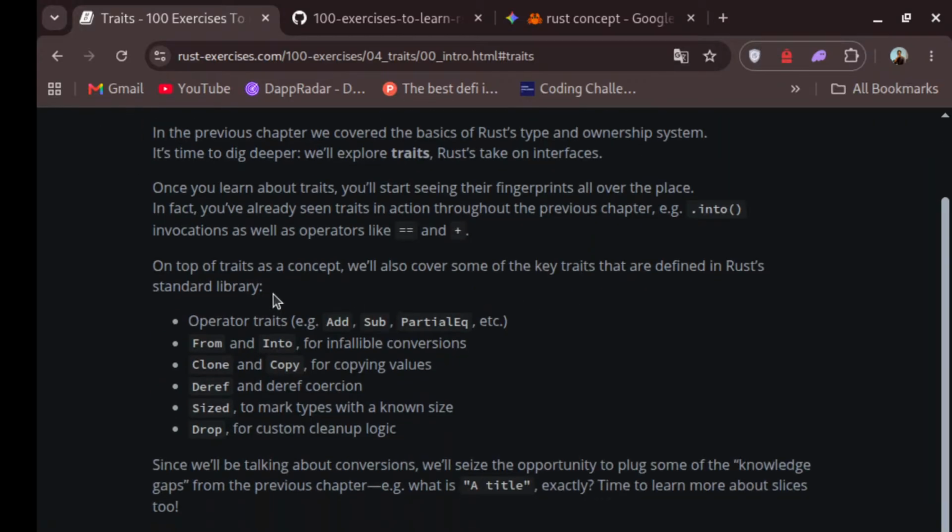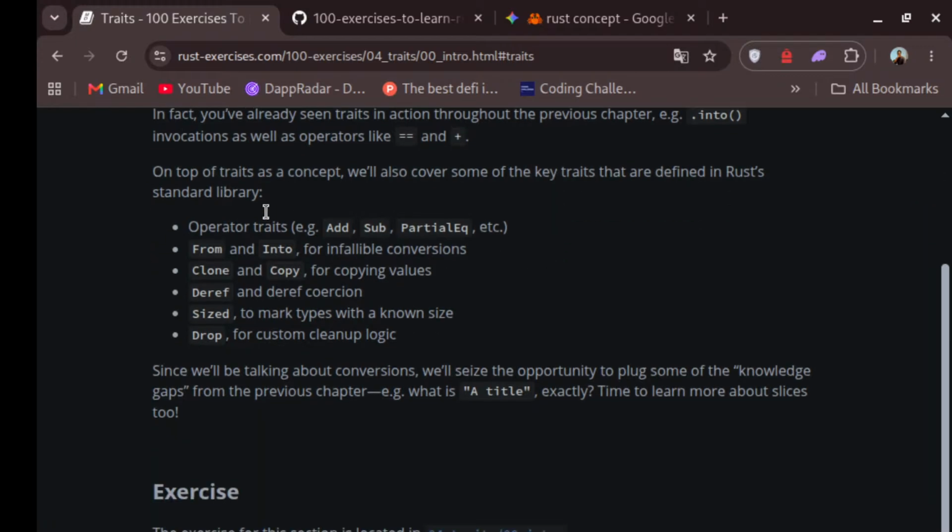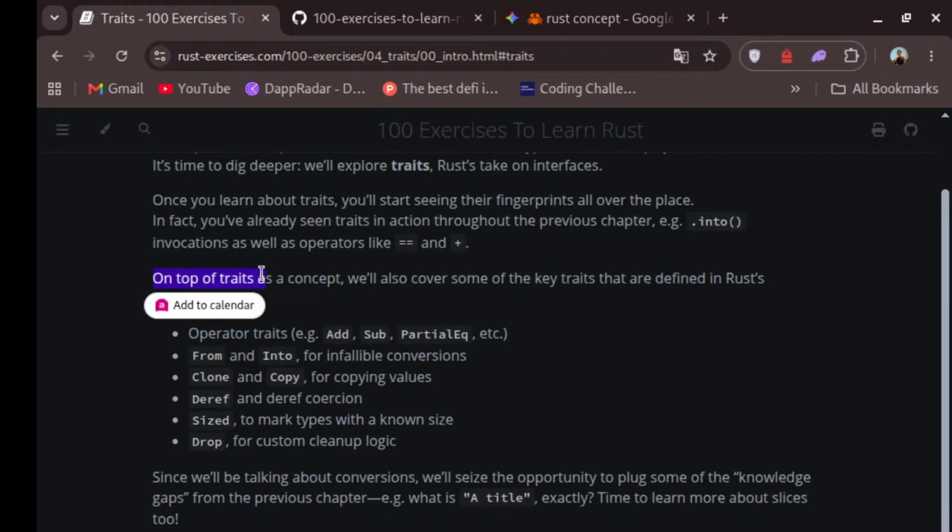On top of traits as a concept, we also cover some of the key traits defined in the Rust standard library.